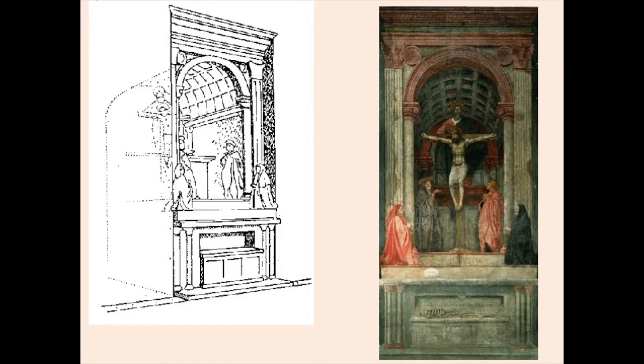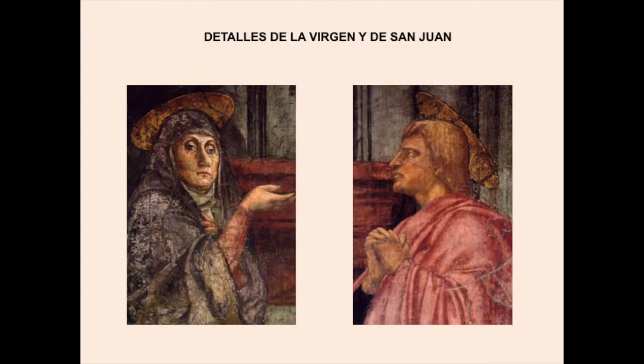Yes? Next. Here we see the details of the Virgin and Saint John that are close to Jesus Christ on the cross. Yes? We see how realistic they are, the proportions, they express feelings, emotions, but their feelings are always, in the Renaissance, serene emotions, quiet emotions, and we see that these figures are not flat.